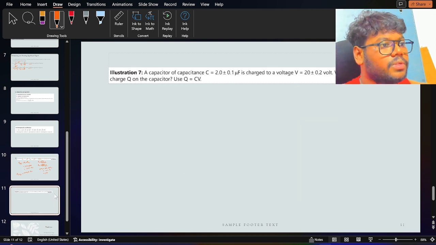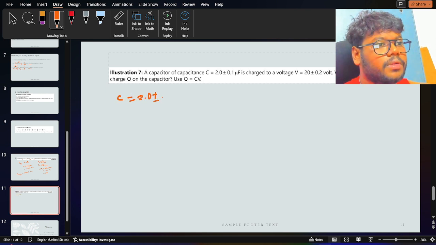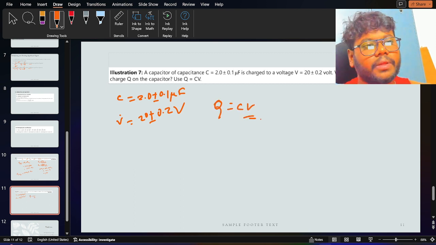Now for the next question, let's solve this. We have a capacitor with capacitance C equal to 2.0 plus or minus 0.1 microfarad. Again we have a voltage of 20 plus or minus 0.2 volt. What will be the charge Q? For Q we have the formula CV, so this is a case of multiplication.